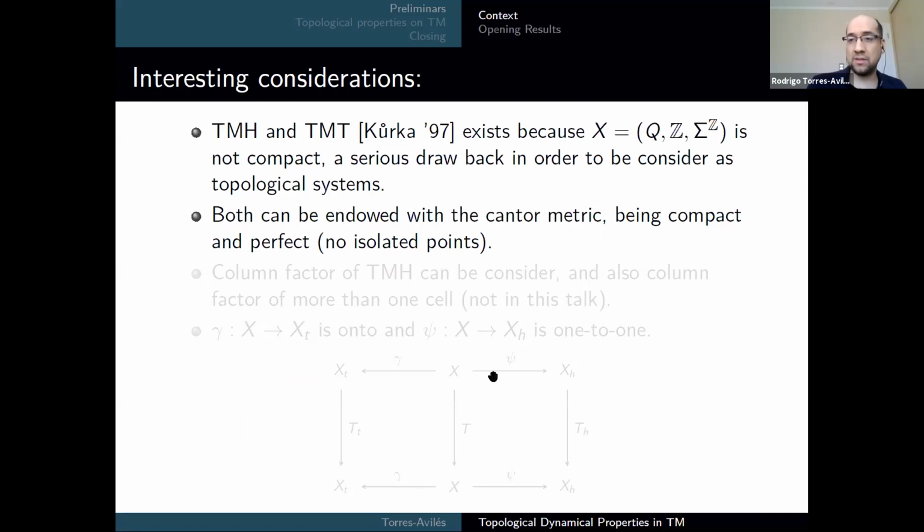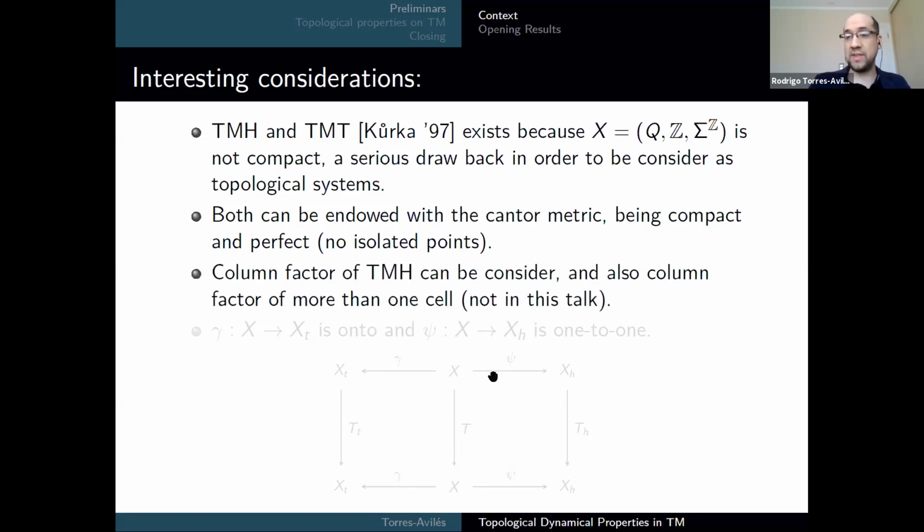Both systems can be endowed with the Cantor metric, so both are compact and are perfect systems. Perfect system means that it has no isolated points. The column factor of TMH can be considered, and also we can consider column factors with more than one symbol, but they are not of interest in this particular talk.